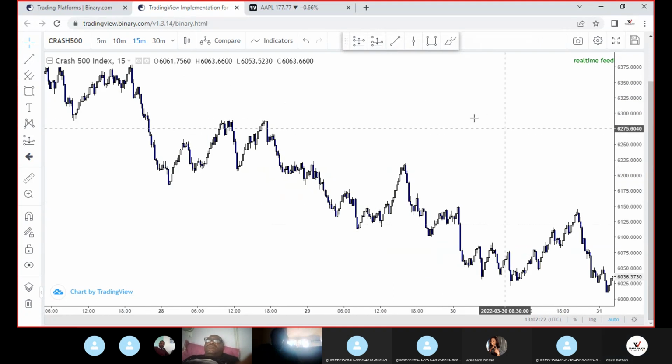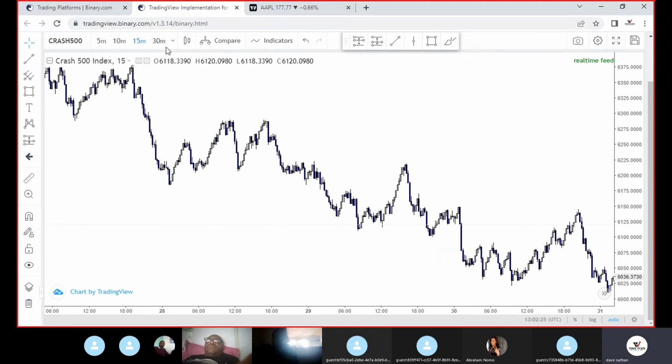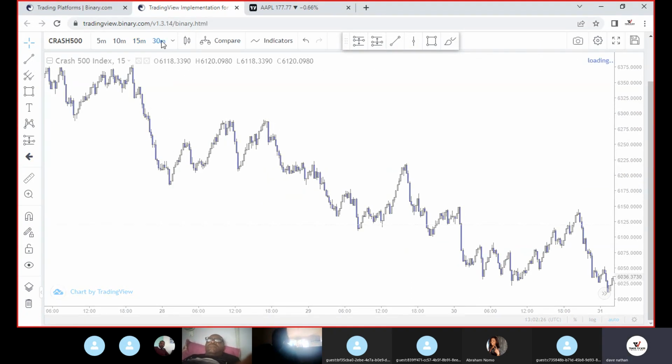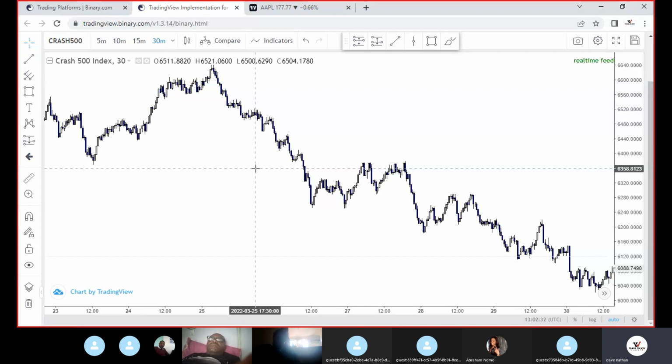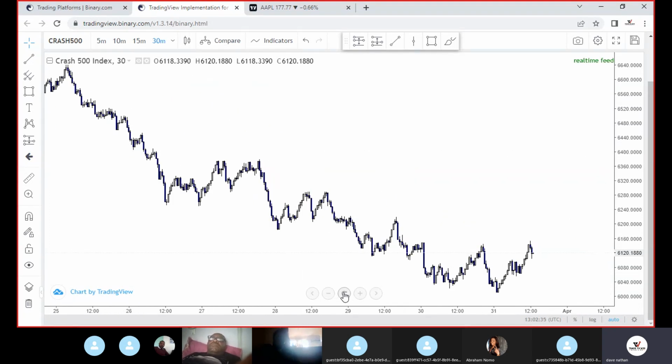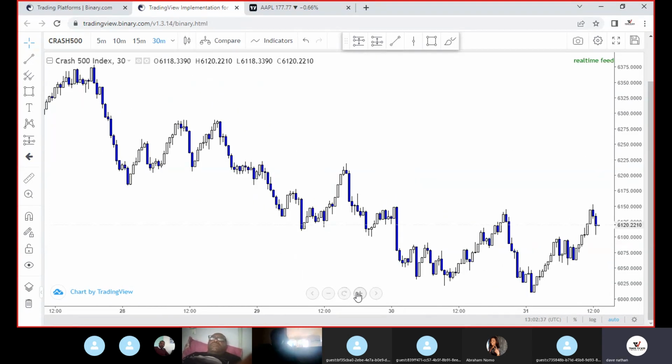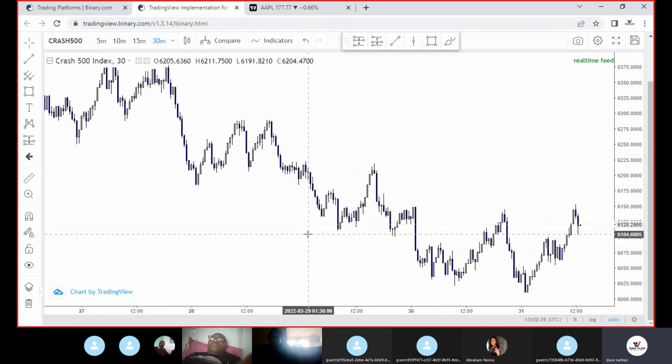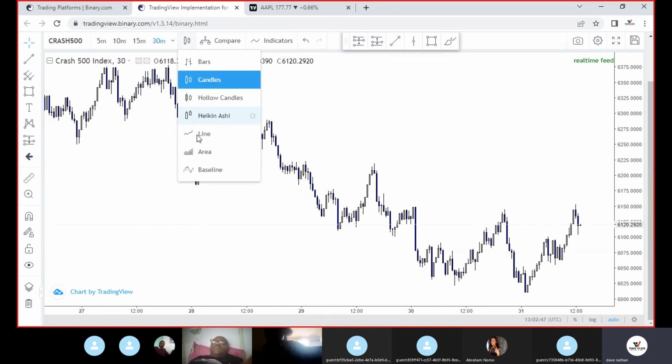Most times the charts can be complicating if your eyes are not properly trained. That's why higher time frames are usually good. Let me zoom in closely. If your eyes are not trained to mark those areas of support, what I will advise you to do is look at the line chart.